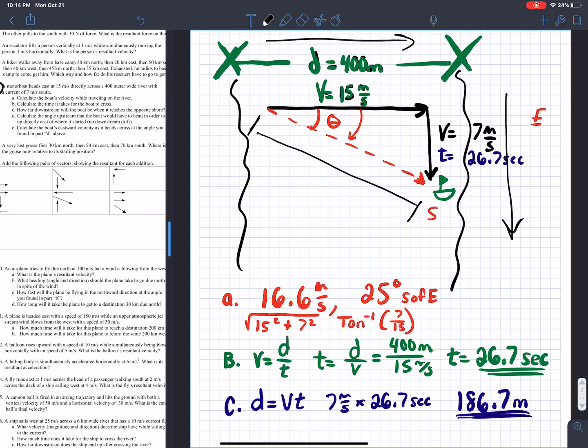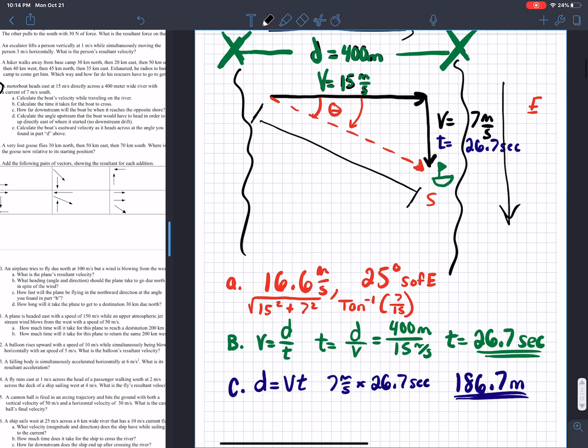Okay, there's a couple ways that you could solve for that. You know your angle, that's going to be the 25 degrees. You know the across component, that's 400 meters. You know the down component, that's 186.7 meters. You know the angle of this is 25 degrees.